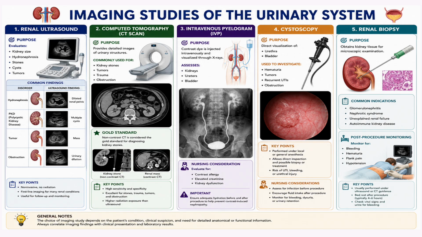CT scans provide detailed images and are considered the gold standard for diagnosing kidney stones. So when they suspect kidney stones, CT scan is the gold standard. Cystoscopy allows direct visualization of the bladder and the urethra. Basically it's a little camera they put inside to visualize all of the bladder and the urethra and check the flow.